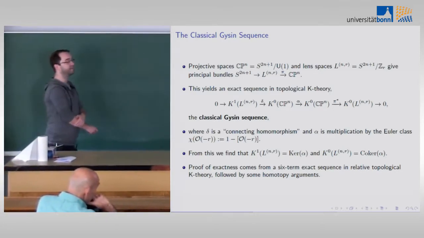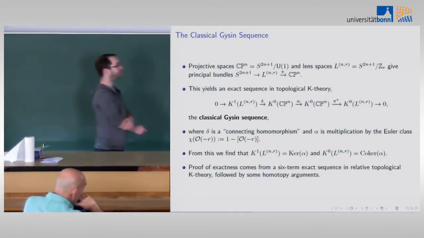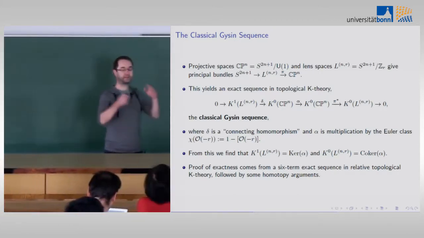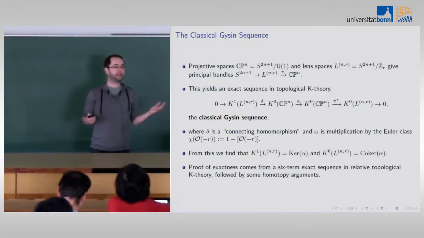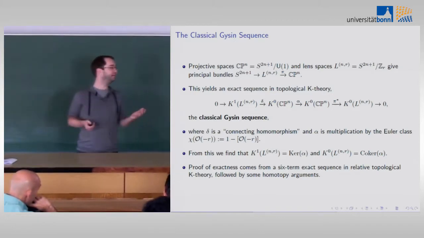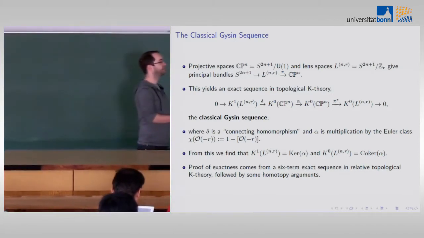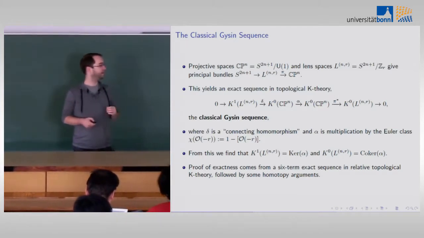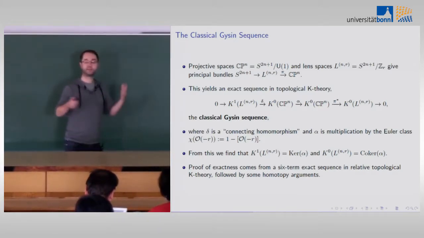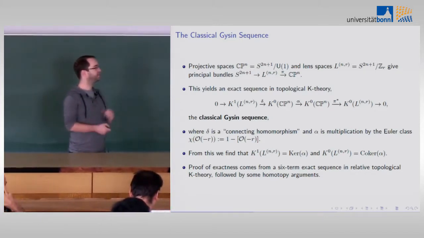The proof of this I'm not going to give you right now, because this will come later in a more general setting. But the proof comes from constructing, well, I start with an exact sequence of relative topological spaces.